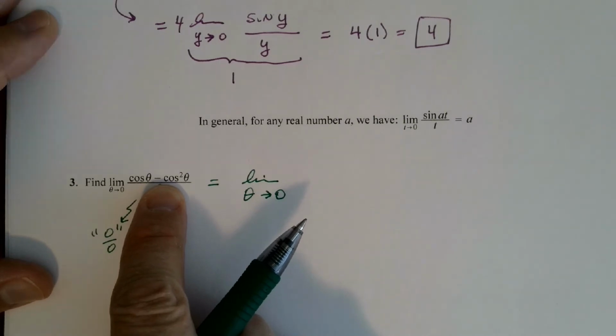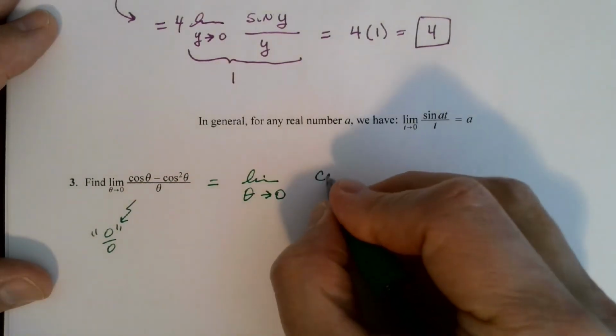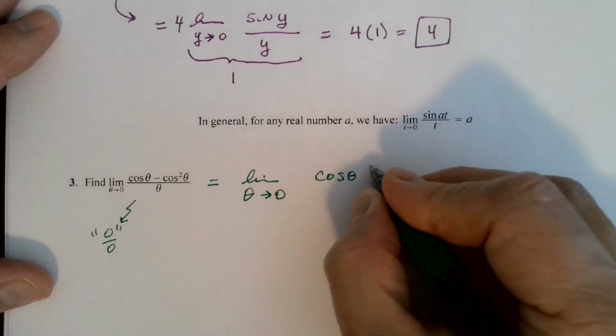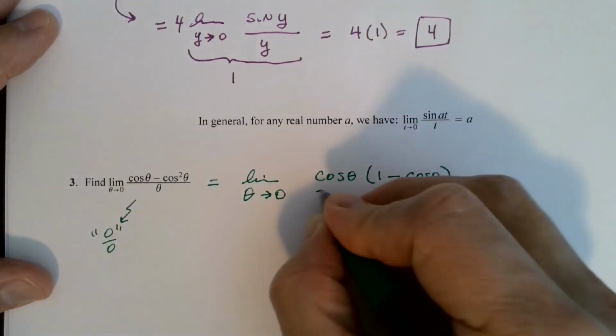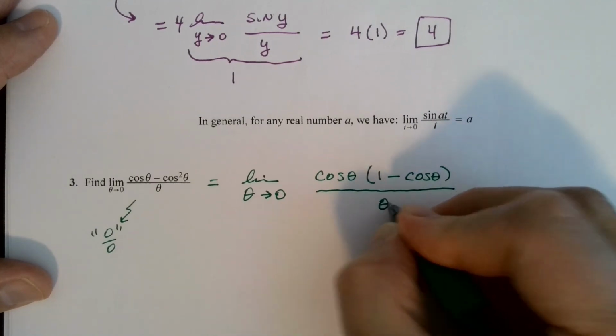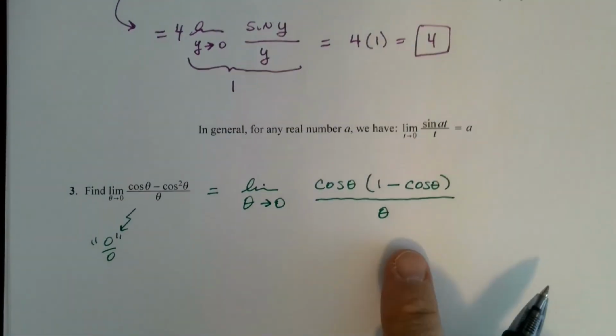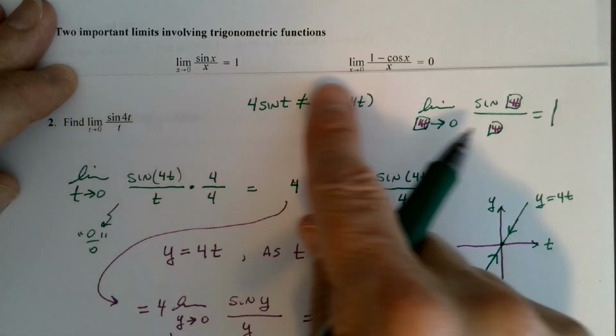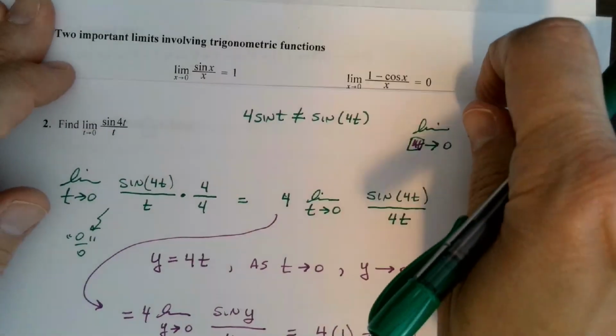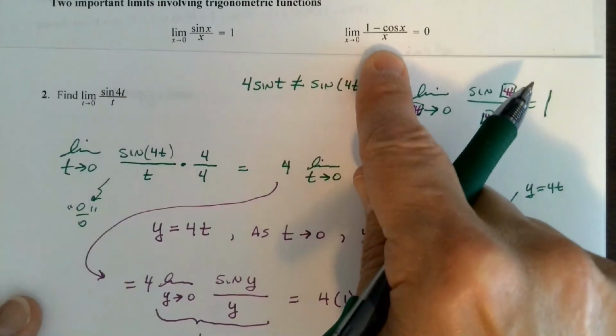If you said factor out a cosine theta, give yourself a pat on the back. That is good. I'm going to factor out that cosine theta. And now I look and say, hey, I see not my sine x over x limit, but I see this limit here, right? This one right here.